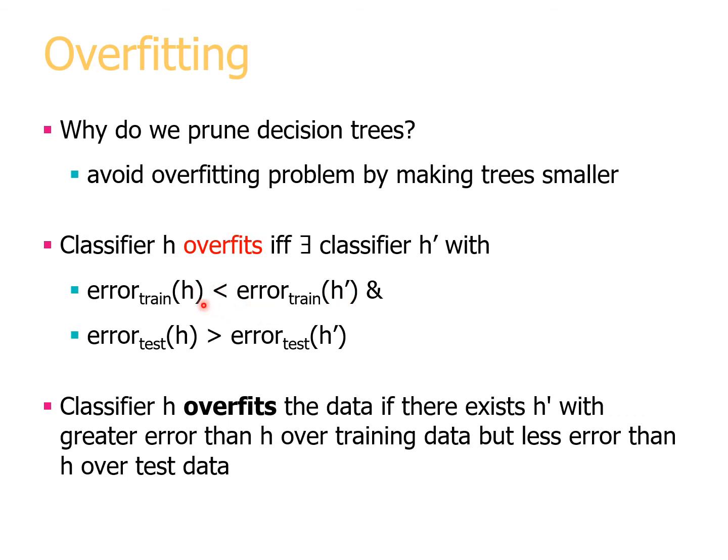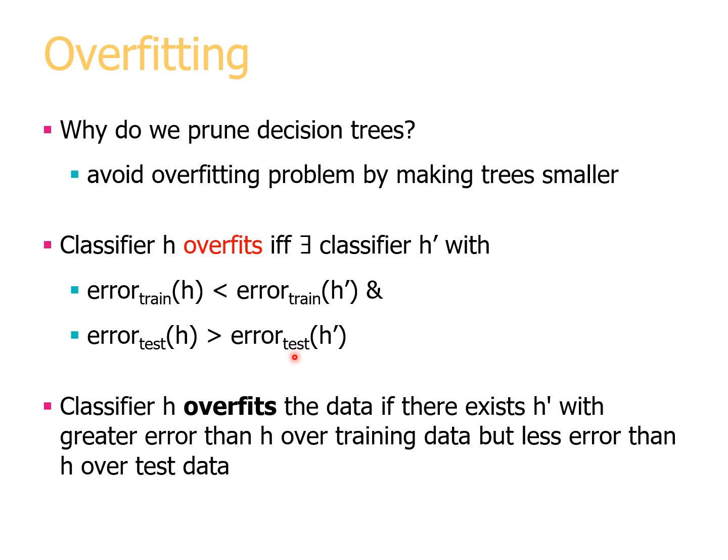That means the performance of H is better than the performance of H prime using training data. So in training data, H shows better performance than H prime. However, in test data, the error of H is larger than the error of H prime. That means the performance of H prime is better than the performance of H in test data.